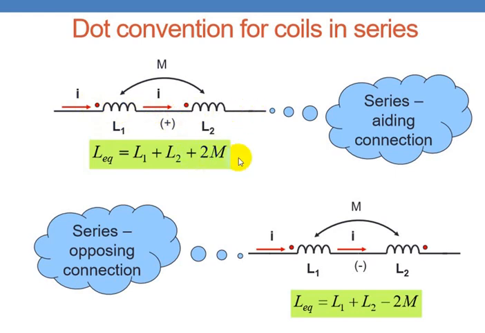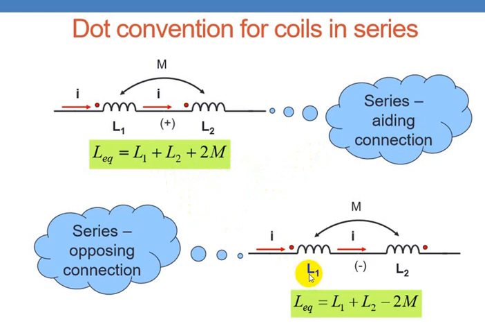You have to add this 2M: 1M for this coil, another M for this coil, so 2M. This is called a series aiding connection. So the inductance value is L1 plus L2 plus 2M. 2M gets added to this.